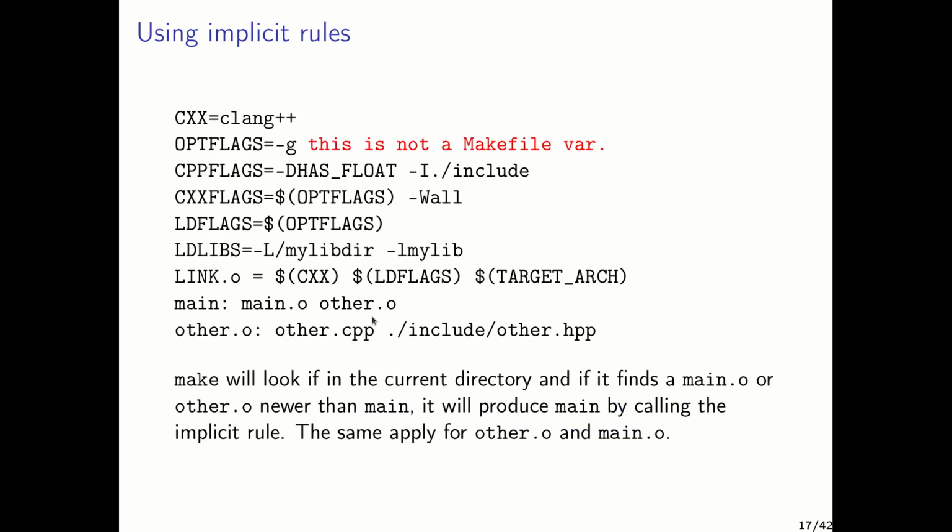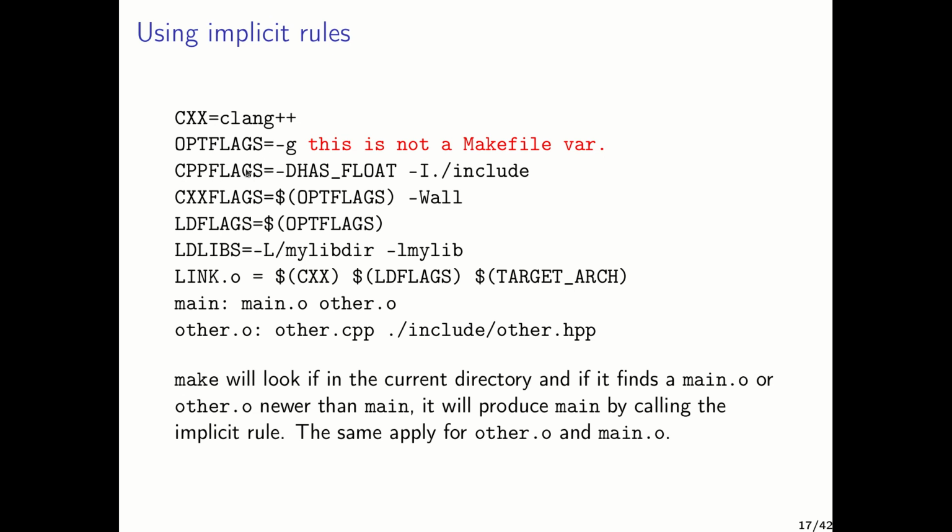So here is another example where I give value to those variables. I'm saying that I want clang++ as a C++ compiler. I want opt flags. This is not a Makefile variable, it's my variable. It's a variable that I have created here in the slide, -g.